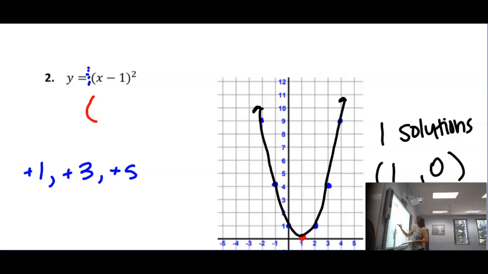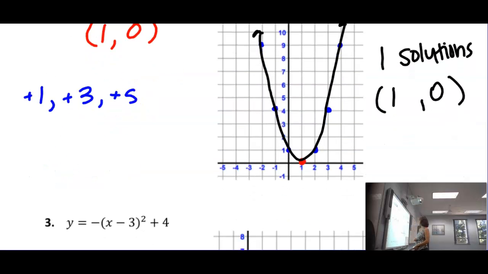What's my x value? Well, this is -1, so that has to be 1. What's being added to this? Nothing. So it's 1, 0. Okay? So here's what my graph looks like. And I have 1 solution, and it is 1, 0, where it hits the x-axis.